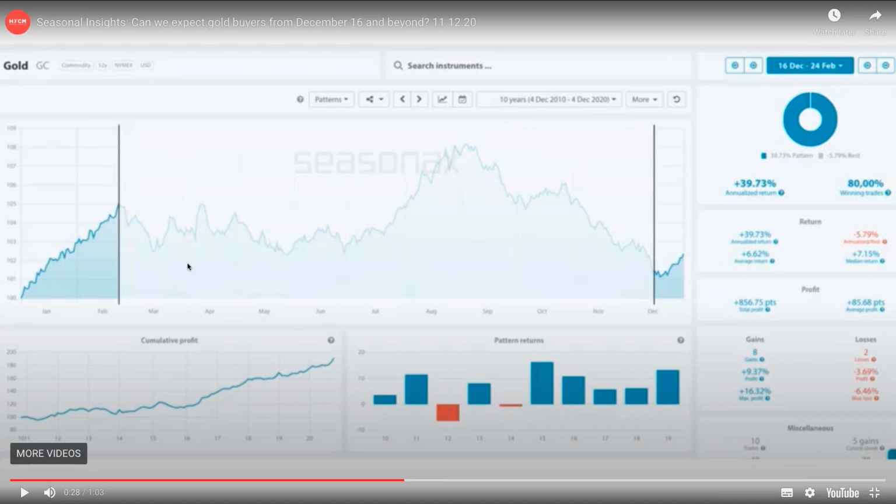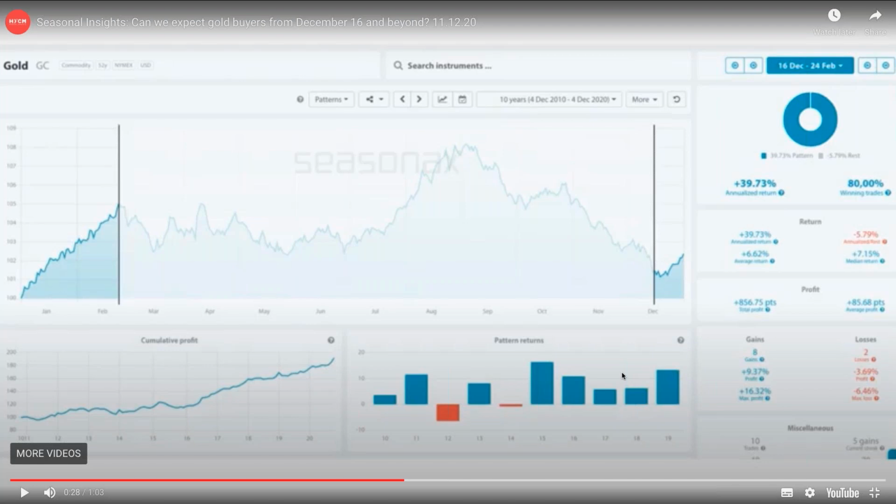Now, the reason for that seasonal strength is that China, which is the world's largest gold buyer, celebrates the Lunar New Year, and one of the traditional ways of celebrating the Lunar New Year is through the giving of gold gifts. That's why we see gold prices going higher into the year end.